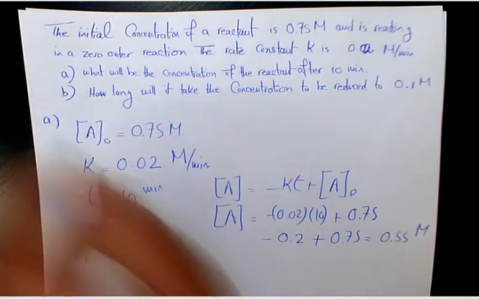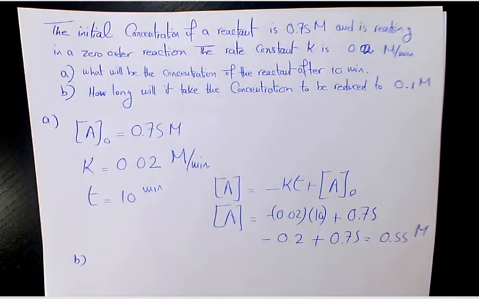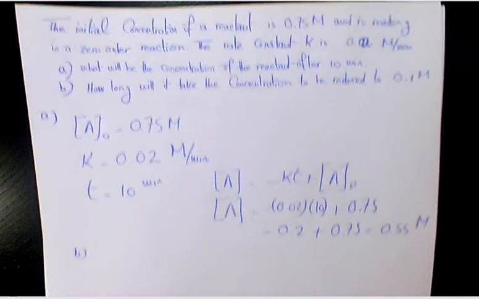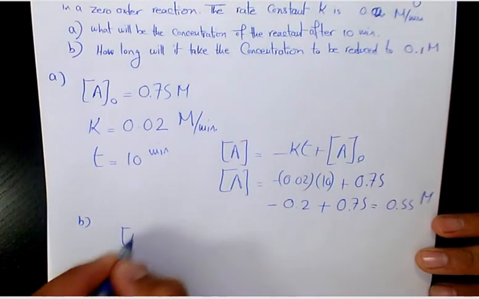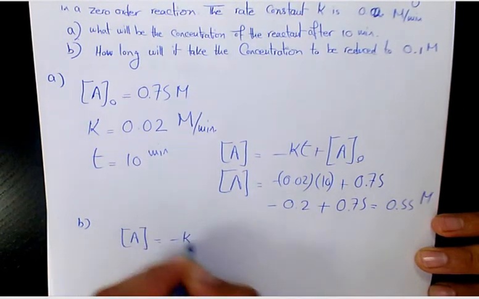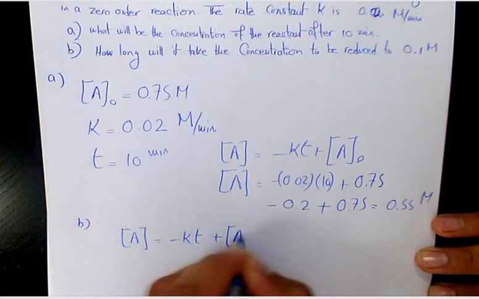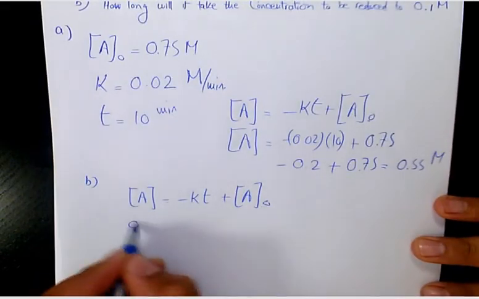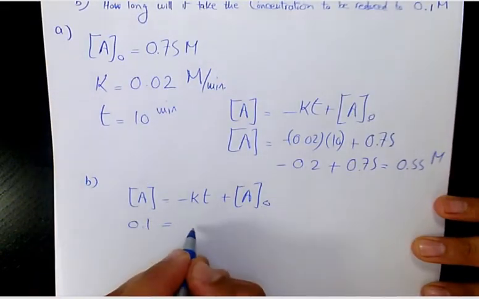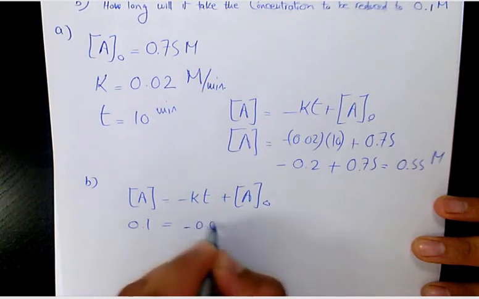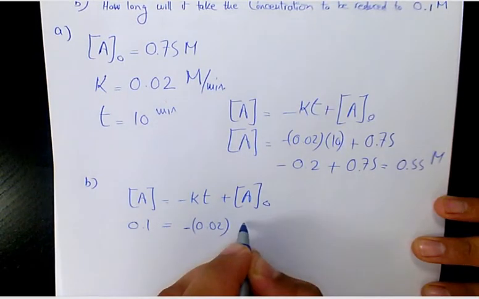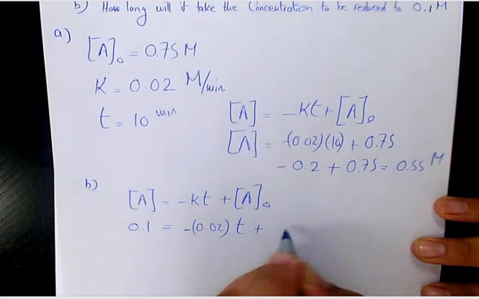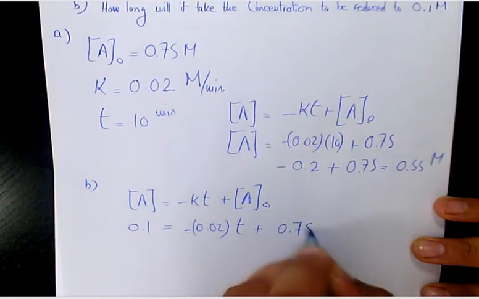Part B. How long will it take the concentration to be reduced to 0.1? So again, we need to write the integrated form, but this time we have the final concentration. We need to find out the time. So this one is 0.1, K is given, 0.02 times T, plus the initial concentration, 0.75.